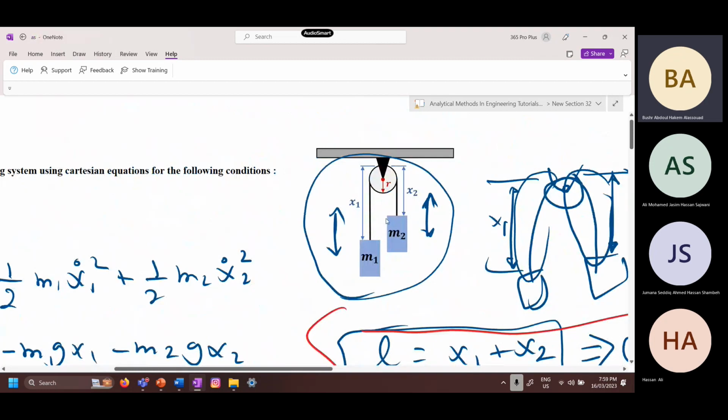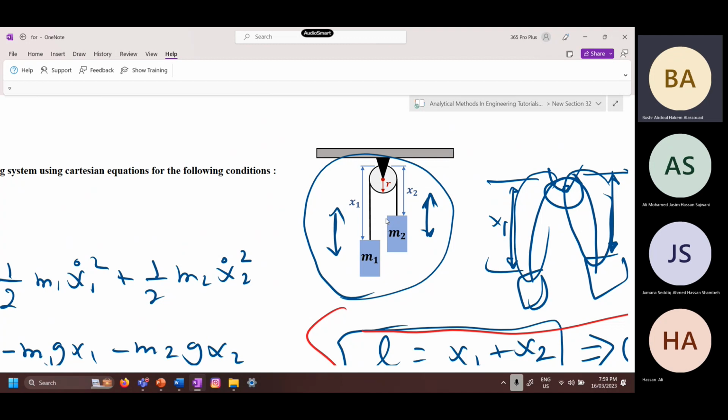Let's say that the rope is made of rubber. If the rope is made of rubber, M2 can change in its height without the need of M1. You can understand that if you imagine it, and even the pulley can simply stay still or can move, and it doesn't have to do with the elastic rope.